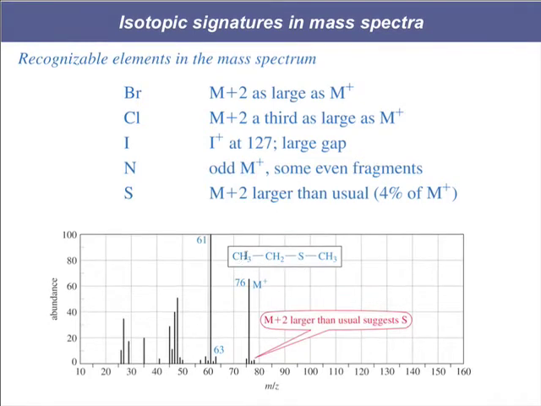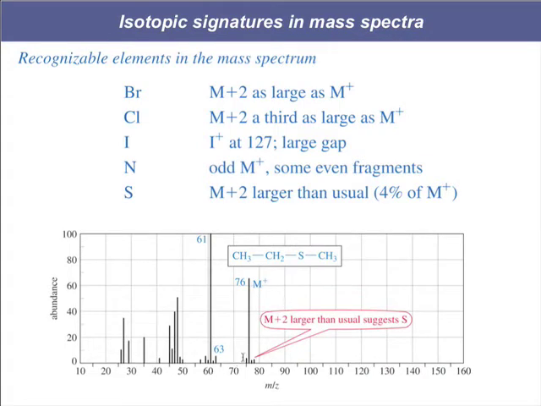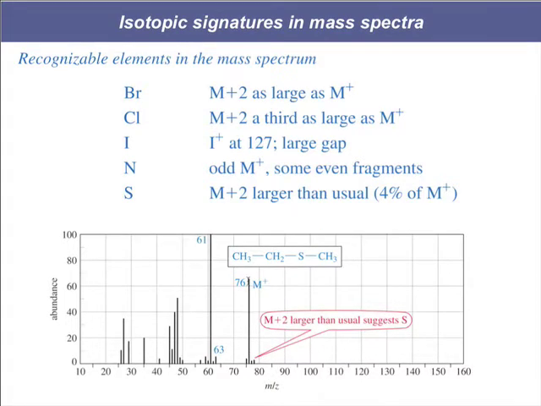That is the molecular weight of this based on the most abundant isotope of sulfur, which is 32. But 4% of sulfur is sulfur 34. And so you'll see these other peaks 2 units higher that are about 4% of the parent. So seeing that pattern suggests that we've got a sulfur.